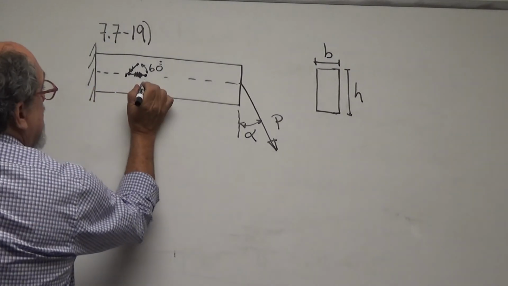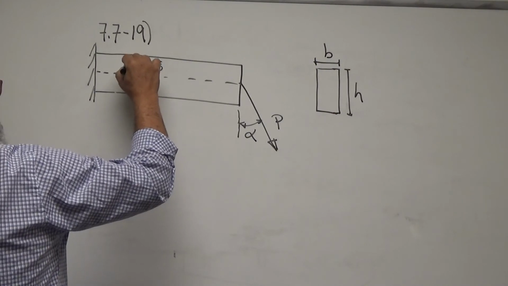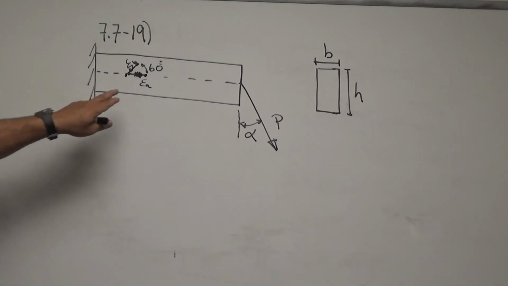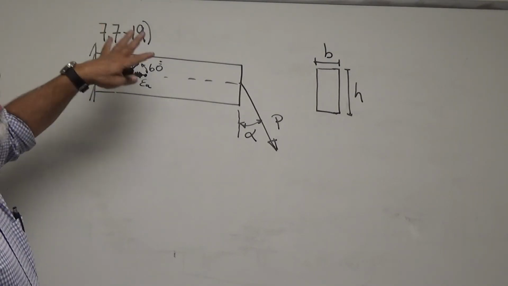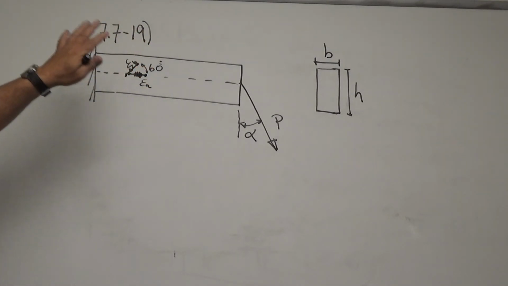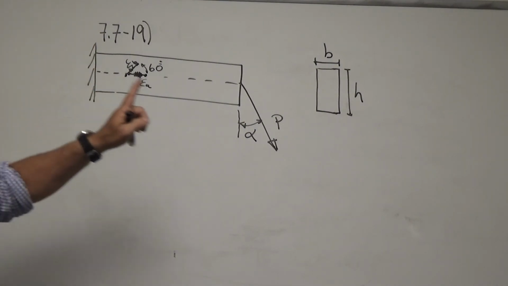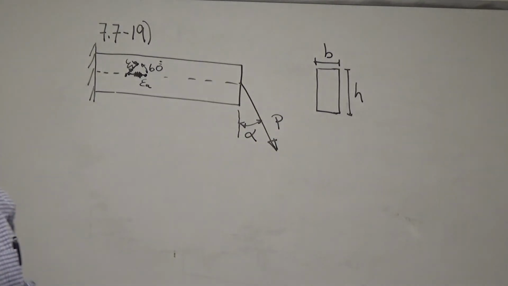So this strain gauge measures the strain in that direction, and this measures the strain at 60 degrees. What the book says is, I will give you the values of epsilon A and epsilon B, and on the basis of what you know about mechanics and what we've taught about stress-strain curves, I'd like you to tell me how big was the load P and what is the angle alpha.